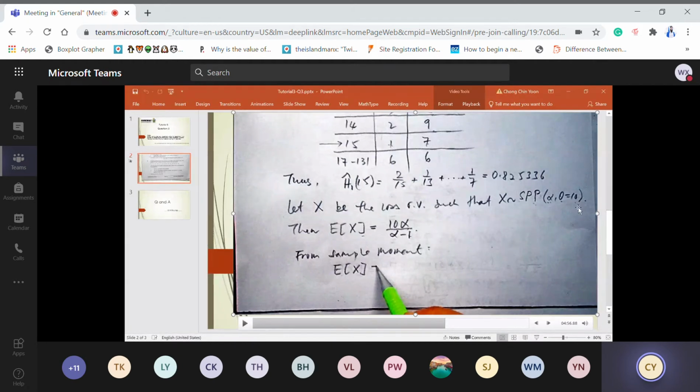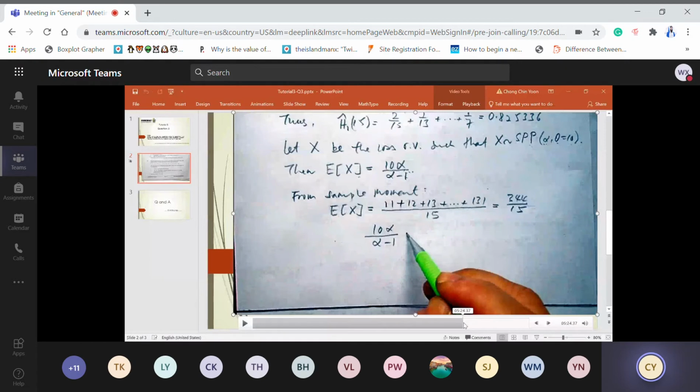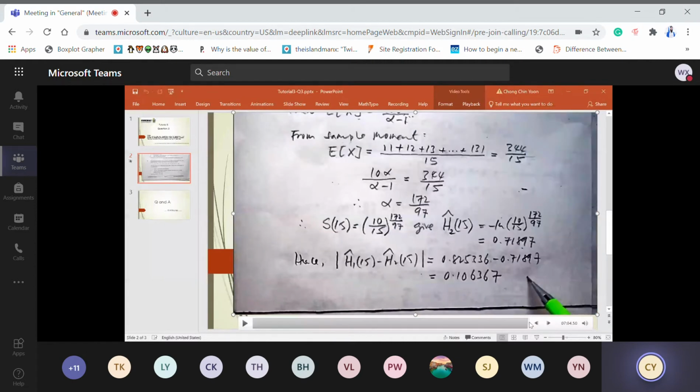Okay, so because the parameter theta is given, we need only one equation to find the alpha. That means you only involve the first raw moment. Okay, so the first raw moment will give you the alpha, then this problem is solved because we can find the survival, and then after that we can get the H value. Then we solve the problem by taking the difference. Okay, so this is quite simple. Let's go to question number 4.